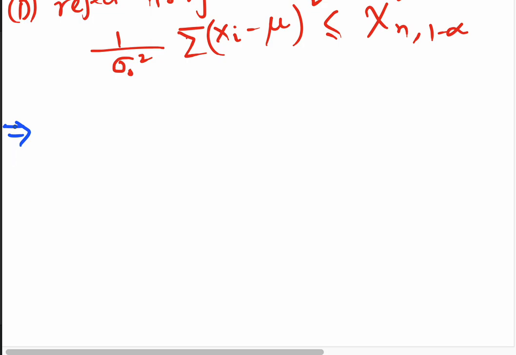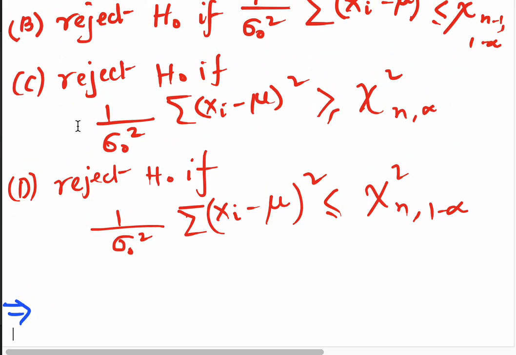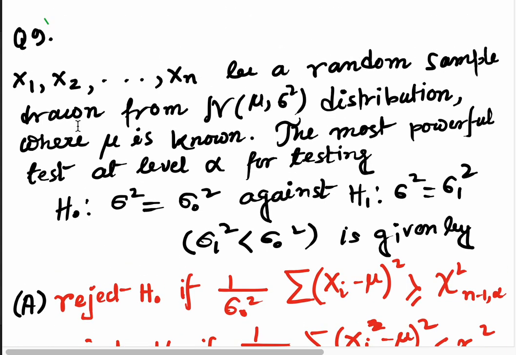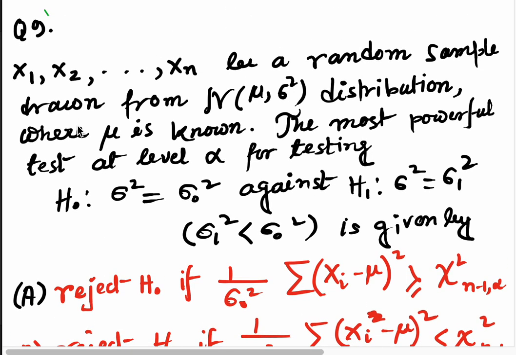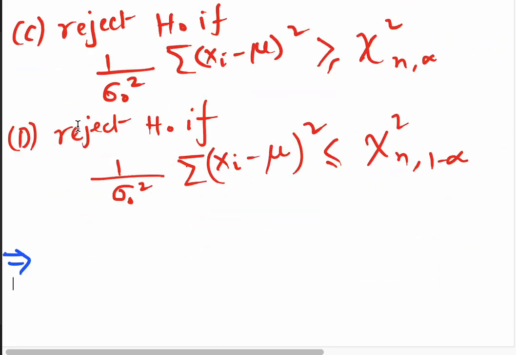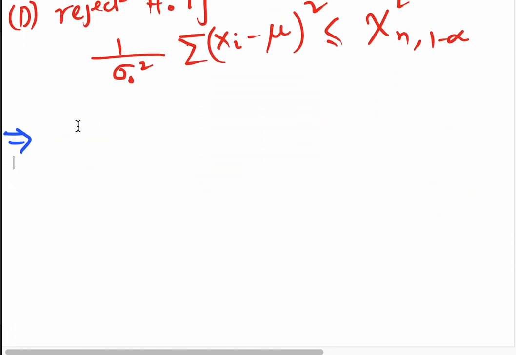So let's do it. For that we have to know the joint distribution, and since these are IID random variables, the multiplication gives the joint distribution. So let's write the joint distribution for H0.